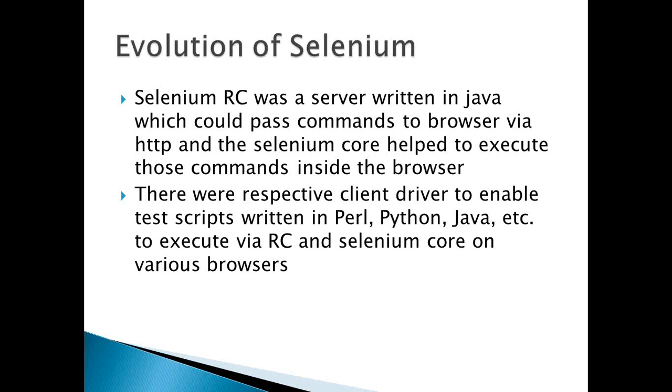So you write a script, and then it will invoke through the various client drivers. It would go to the Selenium Core on the various browsers, which will then execute the test on the various browsers.